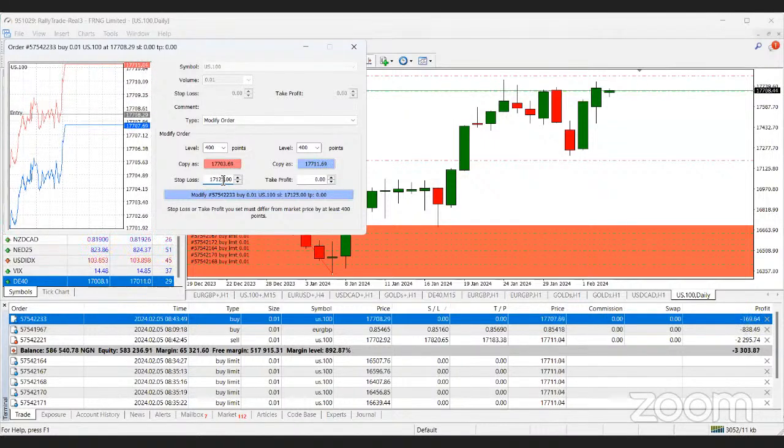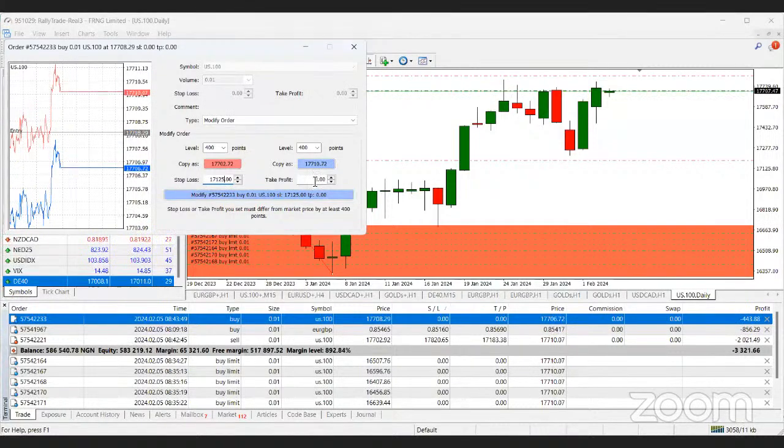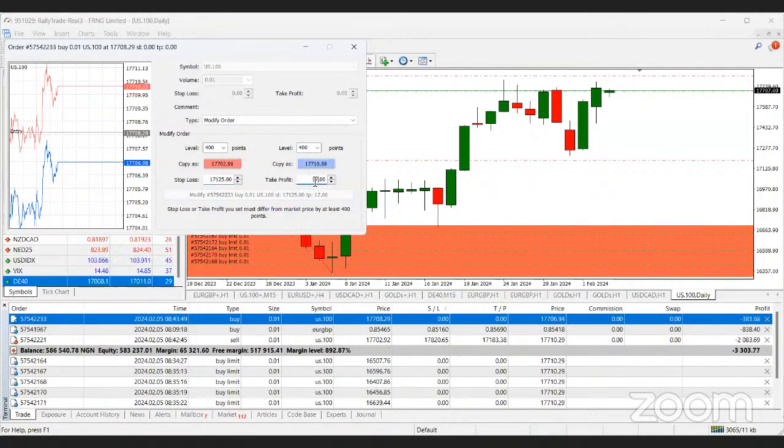So if I do 17125 for my stop loss for the buy, and I don't know where to put the profit because price is going up, right? So I'm going to just do maybe, I don't know. Let me use the entry price of the sell, which is 17702. Imagine that.